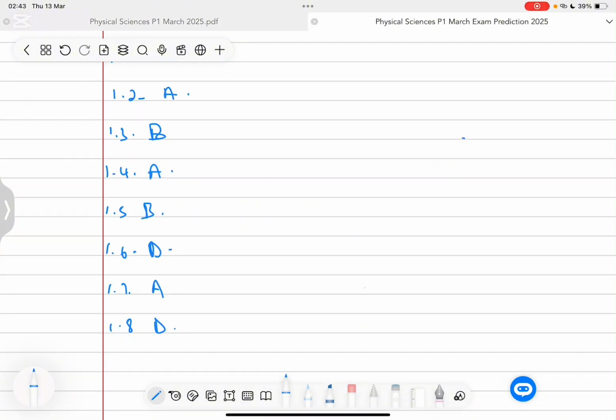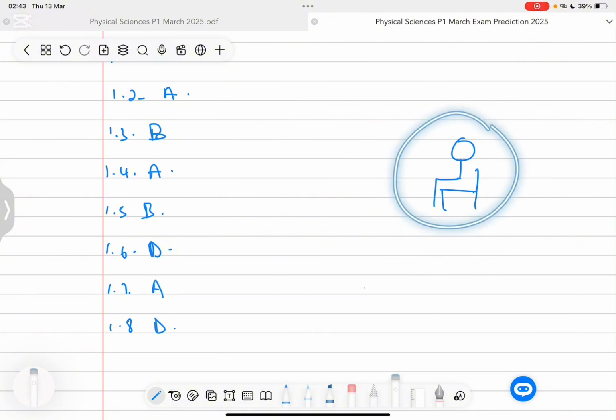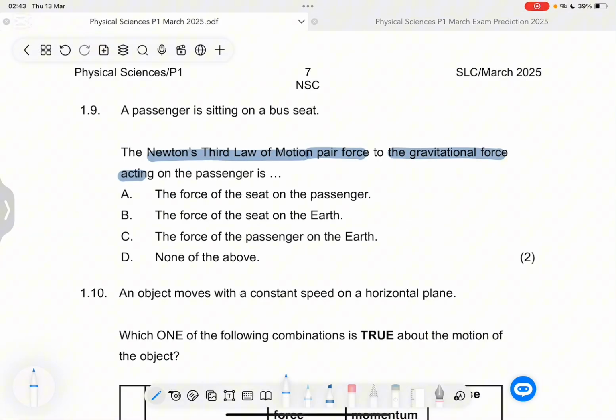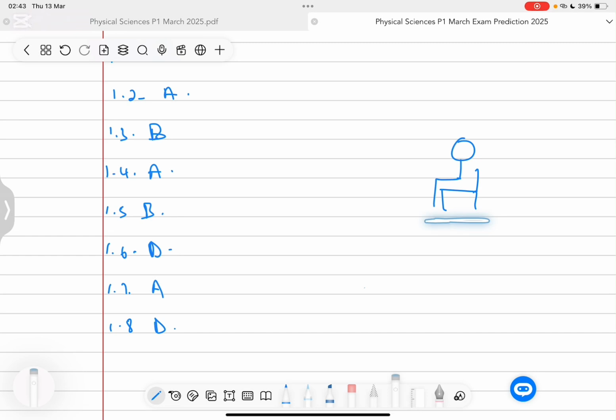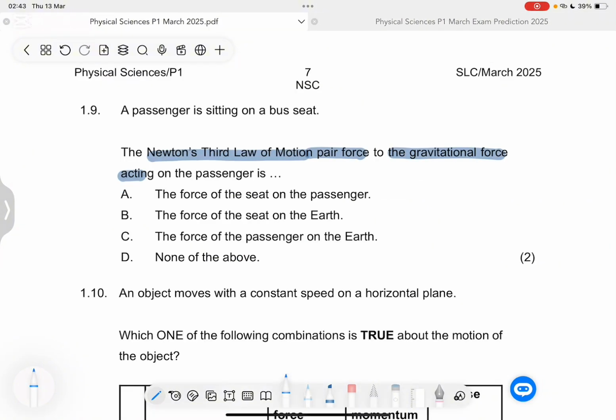So we are saying here that we have a passenger who's sitting on a seat. So this would mean that they are inside a bus, because they're sitting on a seat of a bus. Remember that Newton's third law of motion has pairs of forces that are equal in magnitude but point in the opposite direction.